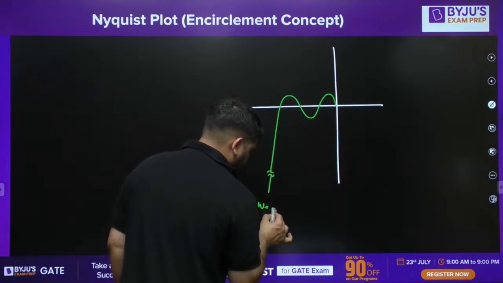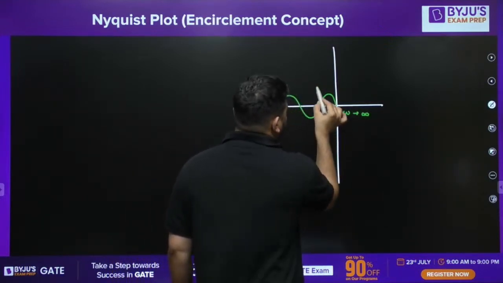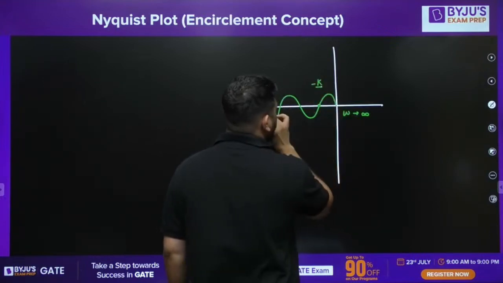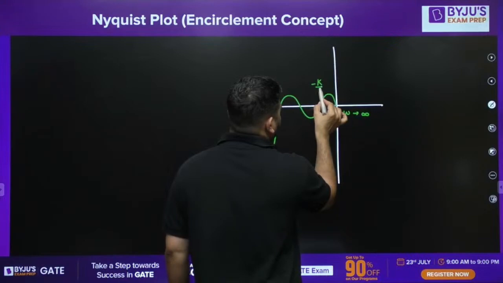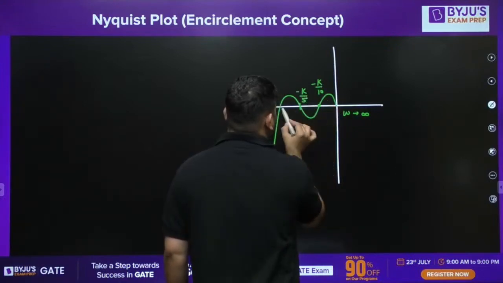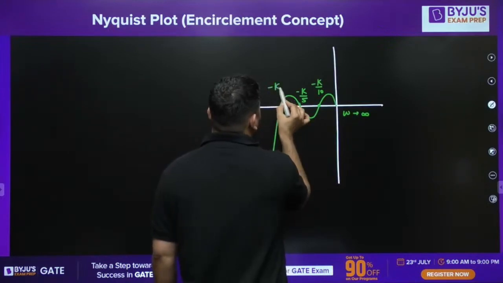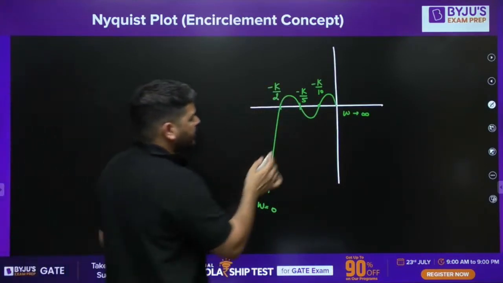Omega equal to 0, omega tends to infinity. This point is minus k by 10, this is minus k by 5, and this is minus k by 2. So these are the points which are given to us.